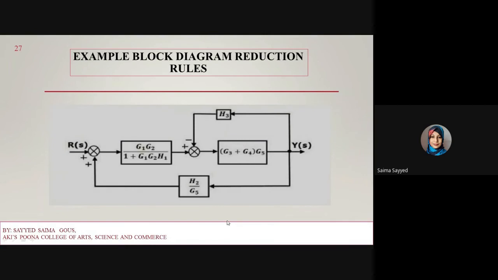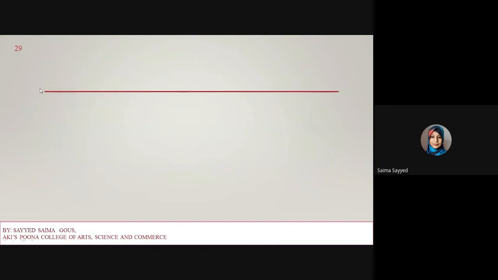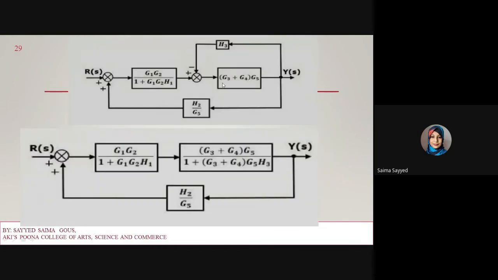Okay, now check for the minor feedback loop. This is the minor feedback loop. Again this is negative feedback, so convert it into a single block by using the formula T = G upon 1 plus GH. Now this is my G block and this is my H feedback. So this is (G3 + G4) G5 divided by 1 plus (G3 + G4) G5 into the feedback H3.